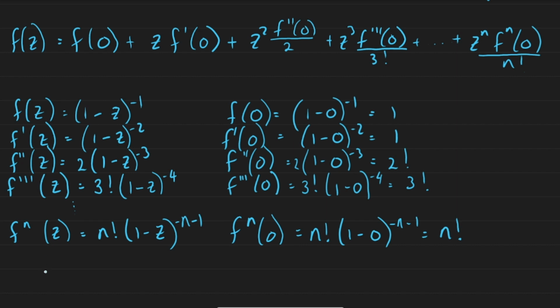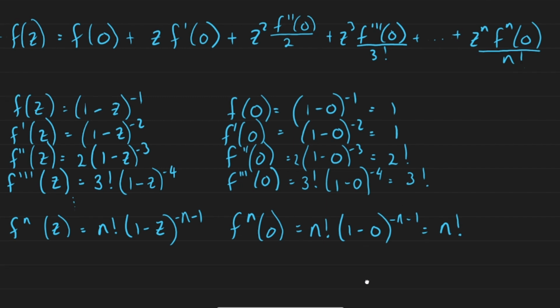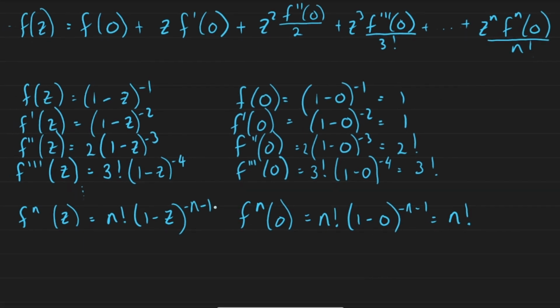If we do that, we just bring this down here. So we have f of z, and the first term is f of 0. f of 0 is 1. The second term is z, so we write z, and f prime of 0 is 1, so we multiply it by 1.